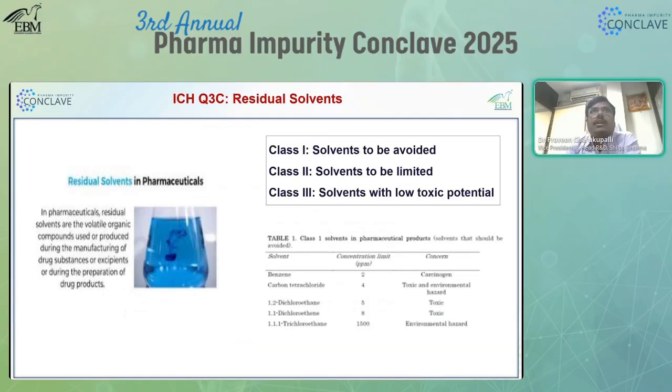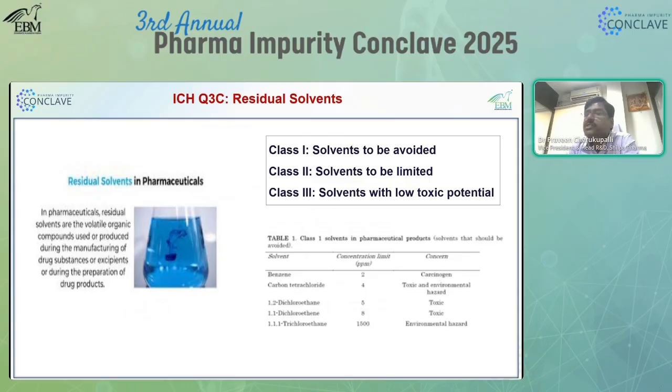So we have seen the organic impurity limits in drug substances and drug products as per ICH Q3A and ICH Q3B. Now, the residual solvent limits shall be controlled as per ICH Q3C.